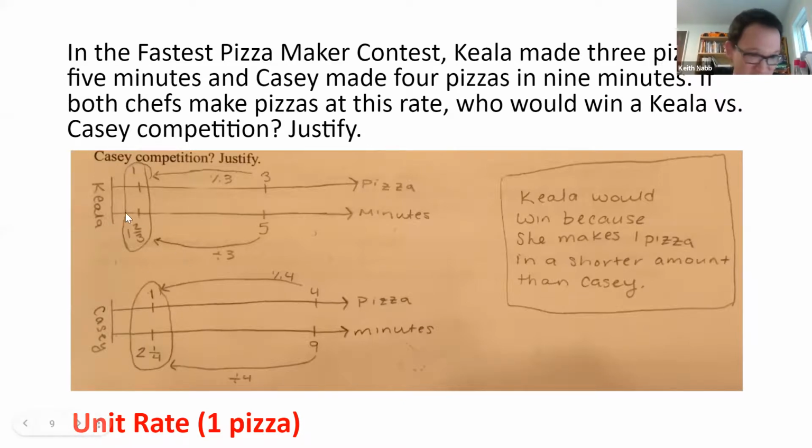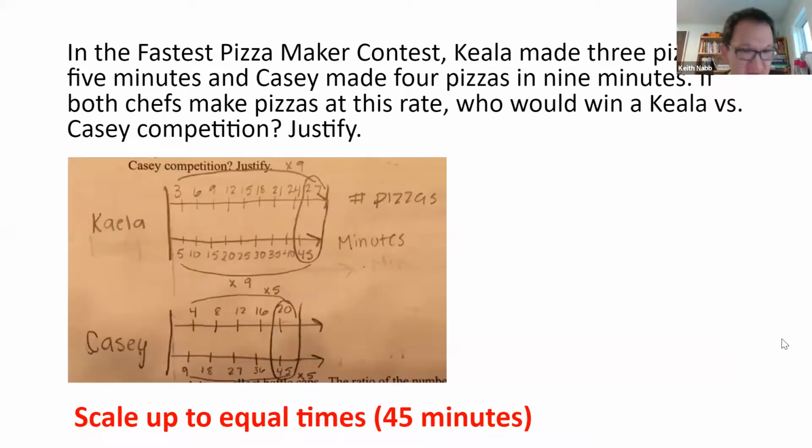But for this one, it's the smaller number that gives you the answer. So we're unitizing on the pizza, so we're looking for a smaller time. And you can see the explanation off to the right justifies that. So it's a great tool because instead of cross multiplying, they actually have to think about the meaning of the answer. So those were great.